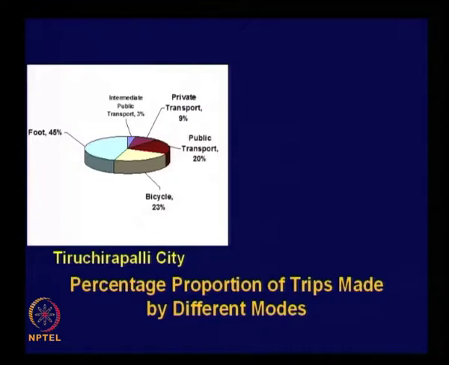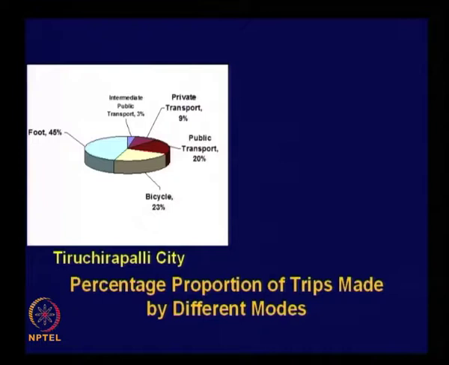By foot we make trips for different purposes. Trip lengths might vary from just 50 meters to several kilometers. All these trips are put together, you get a higher value.